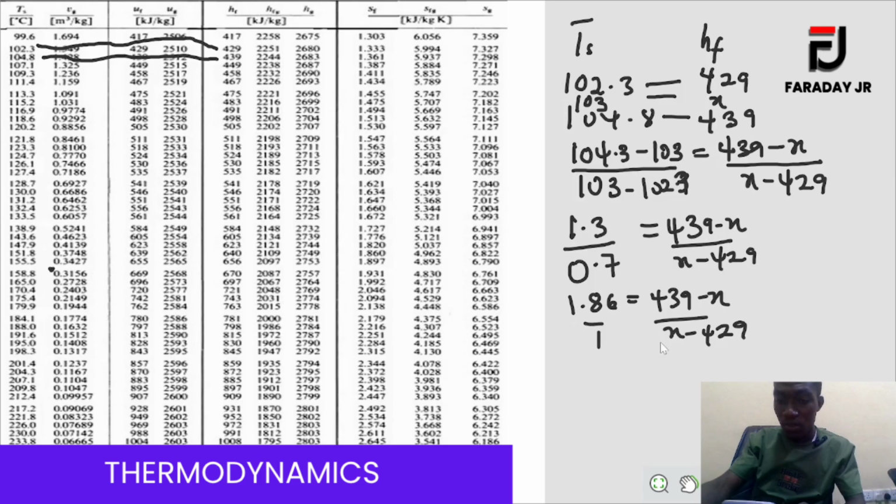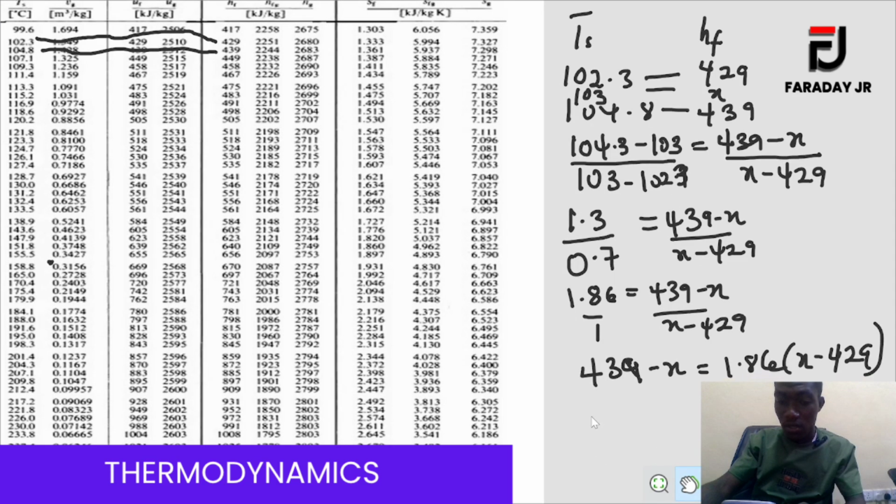So as you make it one, you multiply this by this, and we're going to get 439 minus x is equal to 1.86 multiplied by x minus 429.